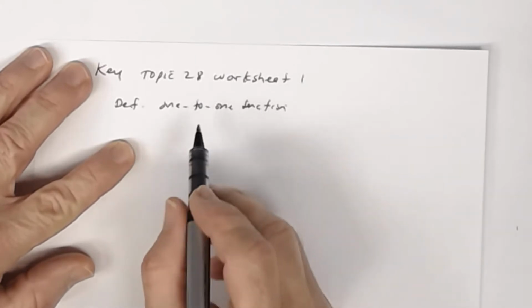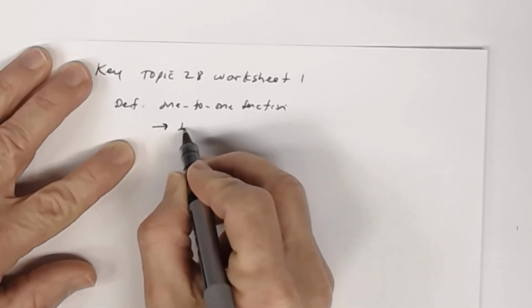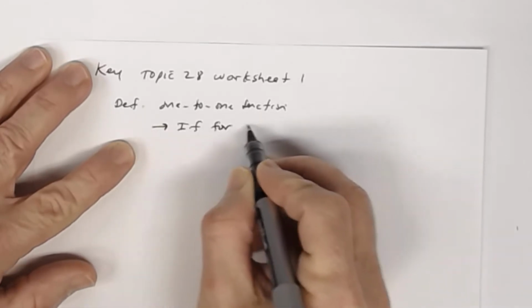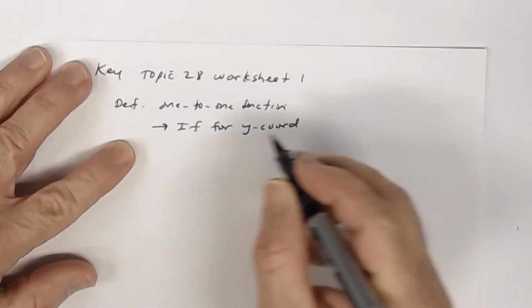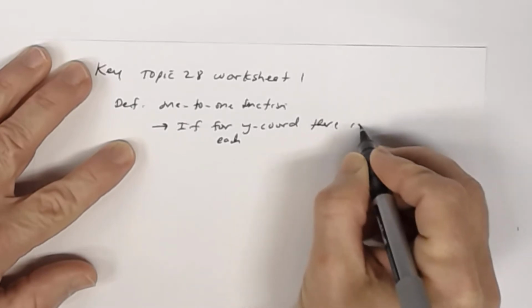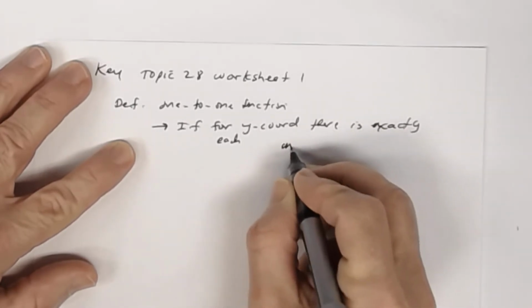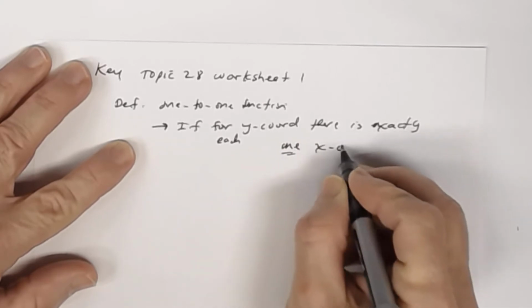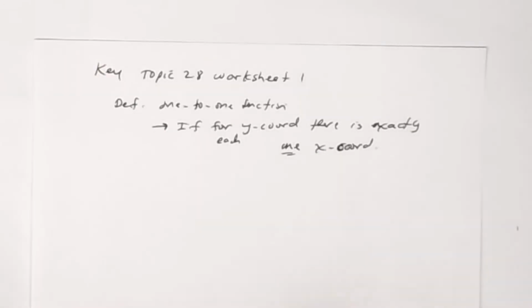So a function is one-to-one if this occurs: if for each y coordinate, there is exactly one x coordinate attached to it. So for each y coordinate, there's exactly one x coordinate.